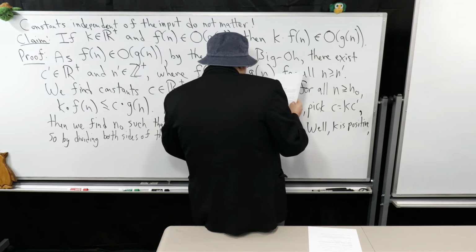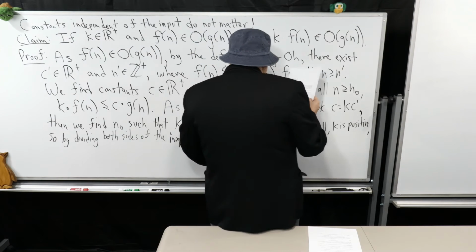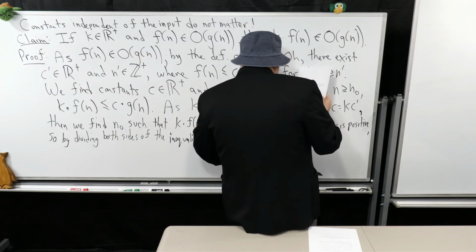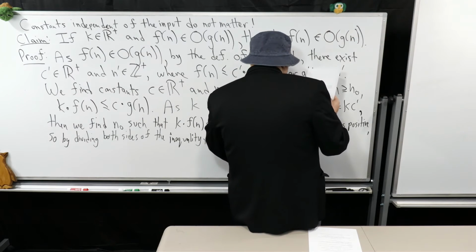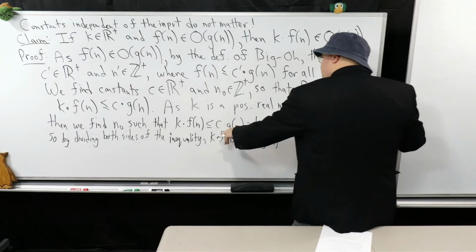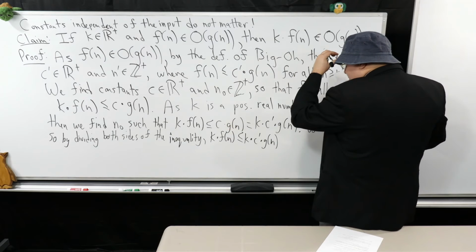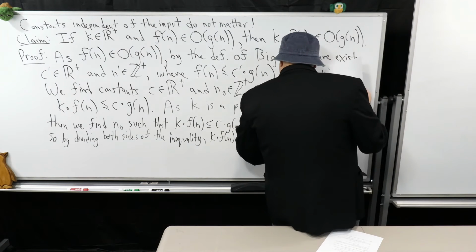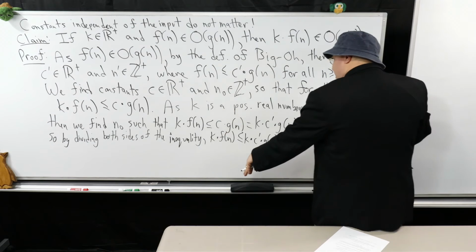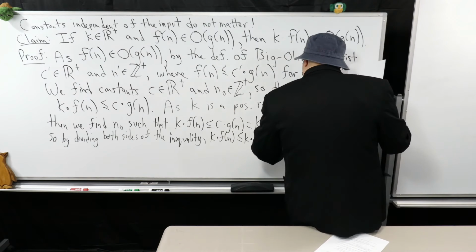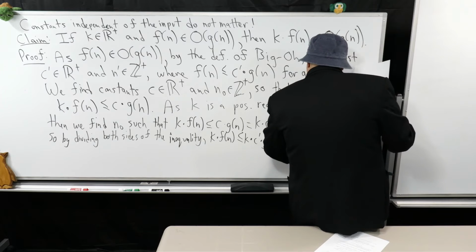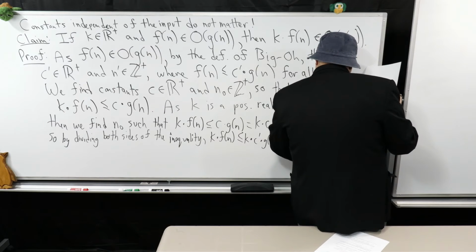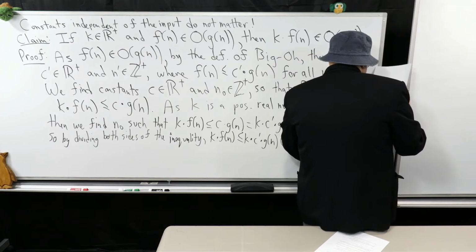You get k times f of n is less than or equal to k times c prime times g of n, if and only if, because I'm just going to notice that k is on both sides of this inequality. So all I do is this. I divide both sides of this inequality by k, and now I end up with f of n is less than or equal to c prime times g of n.